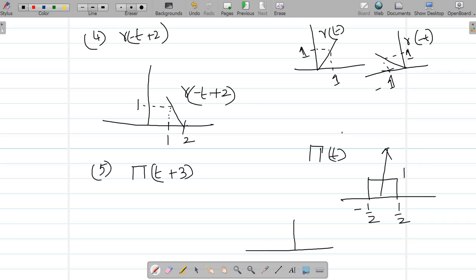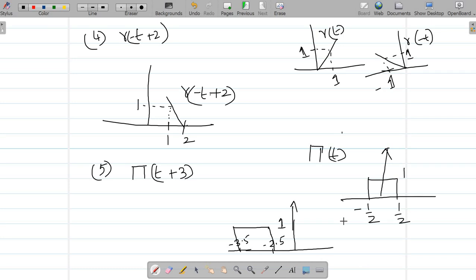here we'll have negative 2.5, and here we'll have negative 3.5, and we will have the signal. So this is 1 here.